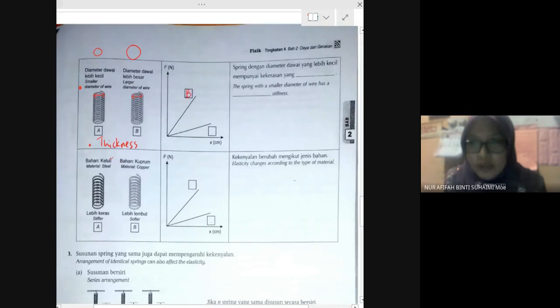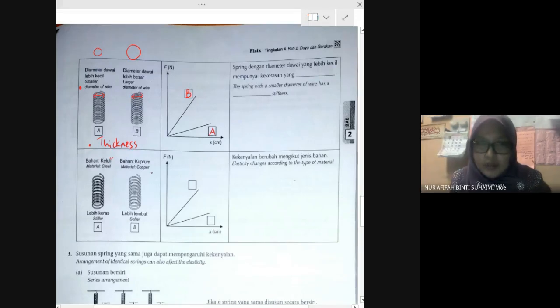Okay. And then less stiffness is A. Higher stiffness is B that has large diameter of wire, yang kasar, yang tebal. And this one, the type of material or type of spring, either it is made from steel or copper.